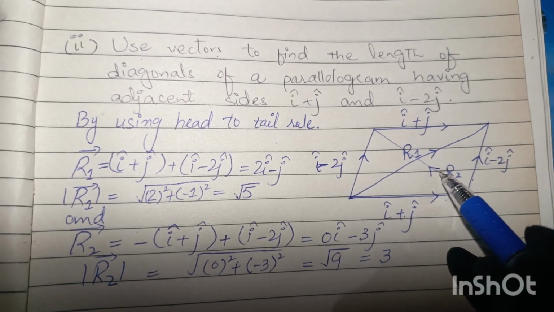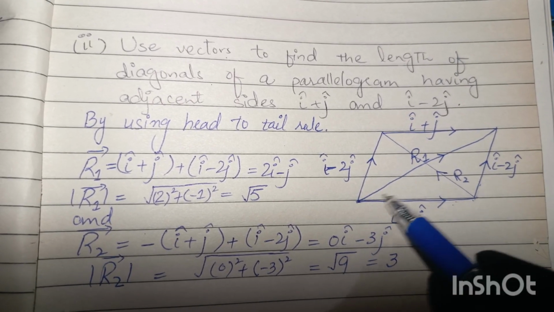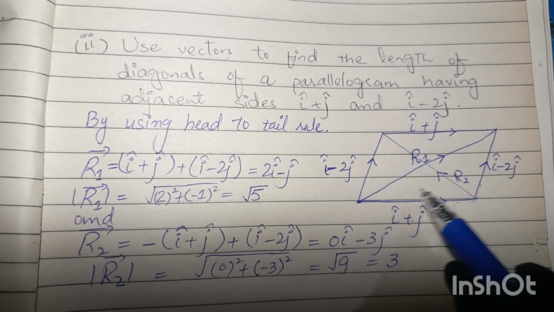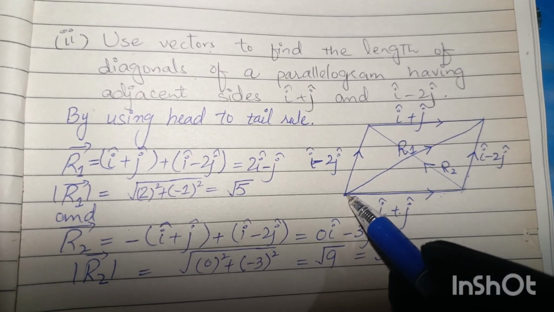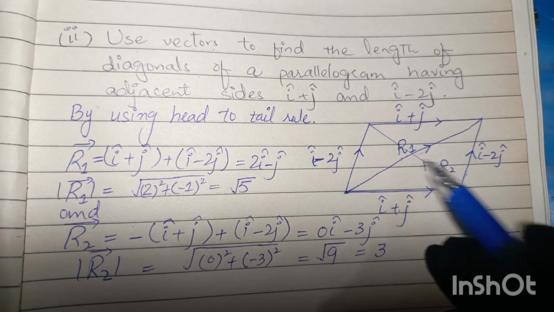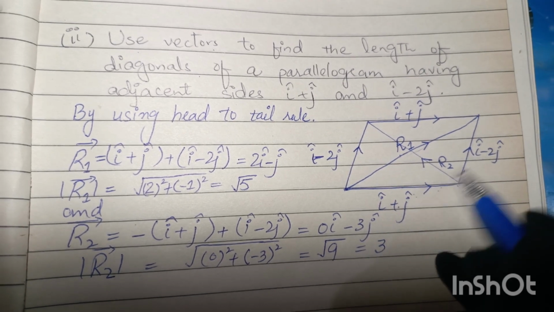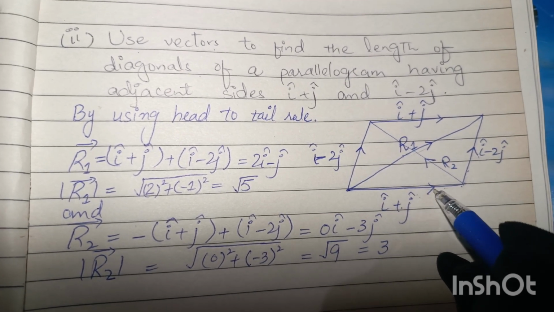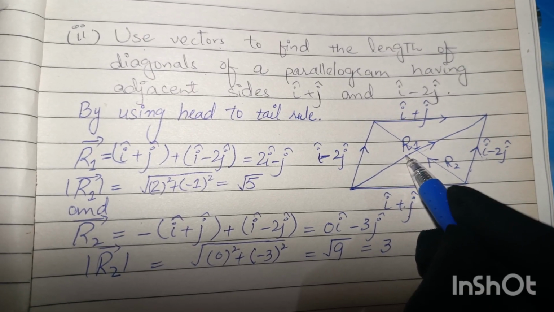We have to find the lengths of the diagonals. Since you all know that there are two diagonals, we will find their lengths one by one. First consider diagonal 1, which is represented by r1 over here. So r1 is the resultant of these two vectors by the head to tail rule. It means if we add these two vectors we will get r1.